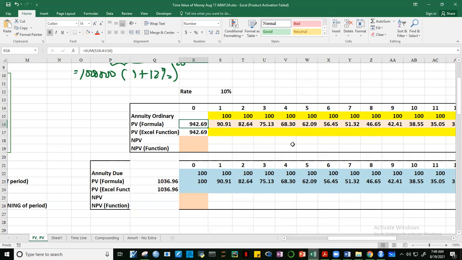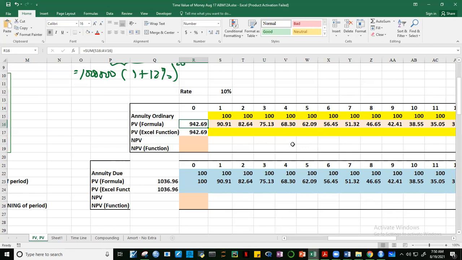Of course, the choice will now change depending on particular circumstances. Kunyari, sabihin mo, mas gusto ko na yung 100 kasi psychologically parang assured ako na may 100 pesos ako for 30 years. Or mas gusto ko na ngayon 942.69. Whatever your reasons are, guys, your choice will be dependent on certain factors that you might be considering.